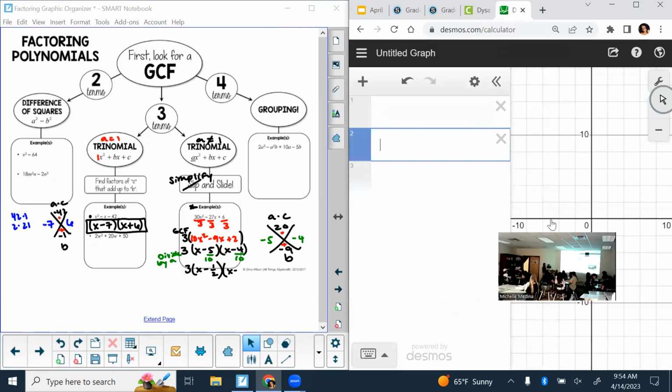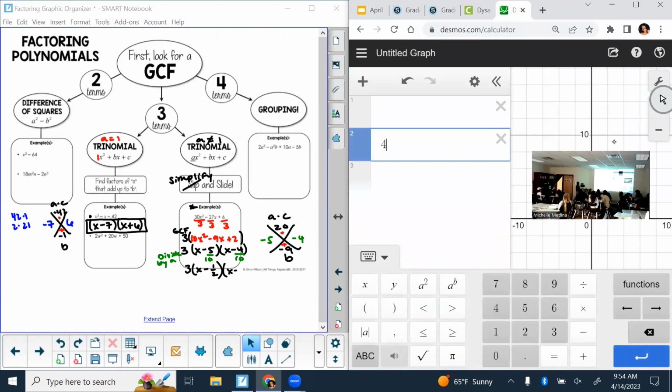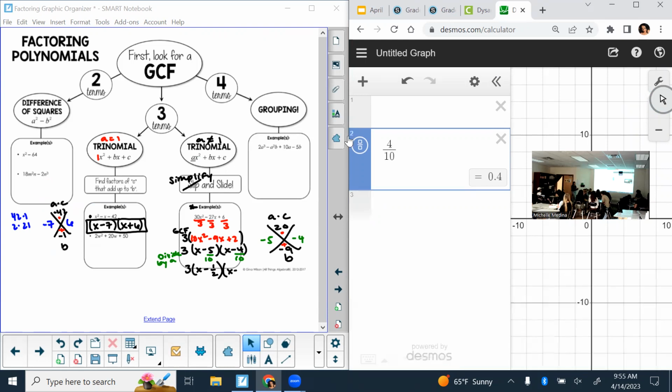So if you struggle with that, you can type the fraction into Desmos, 4/10. It gives you a decimal, and you can do this with almost any calculator too. There's usually a decimal to fraction button. So on Desmos, it's this one, to the left of it right here. And now it gives you the simplified fraction. So it'll be 2/5.